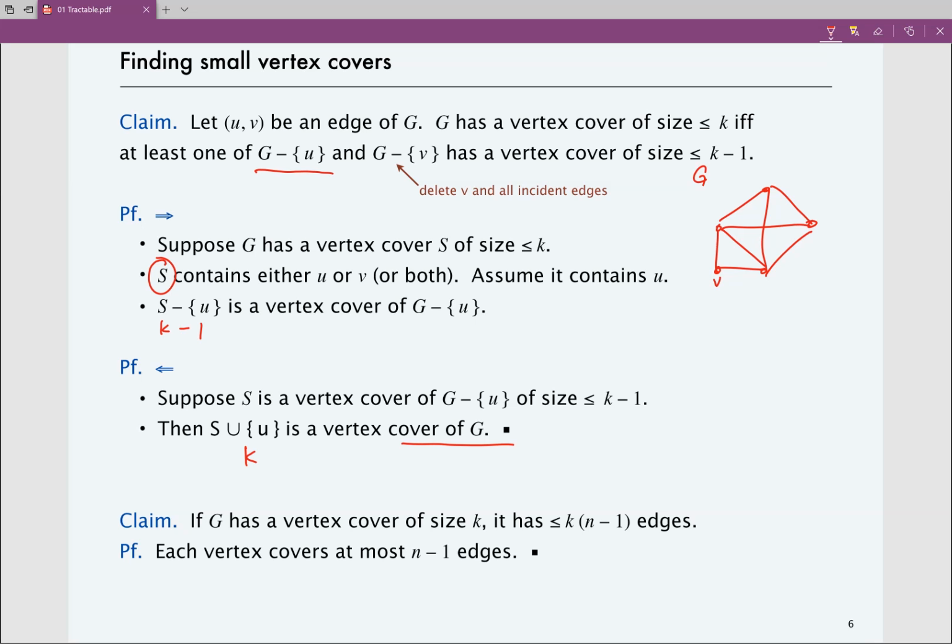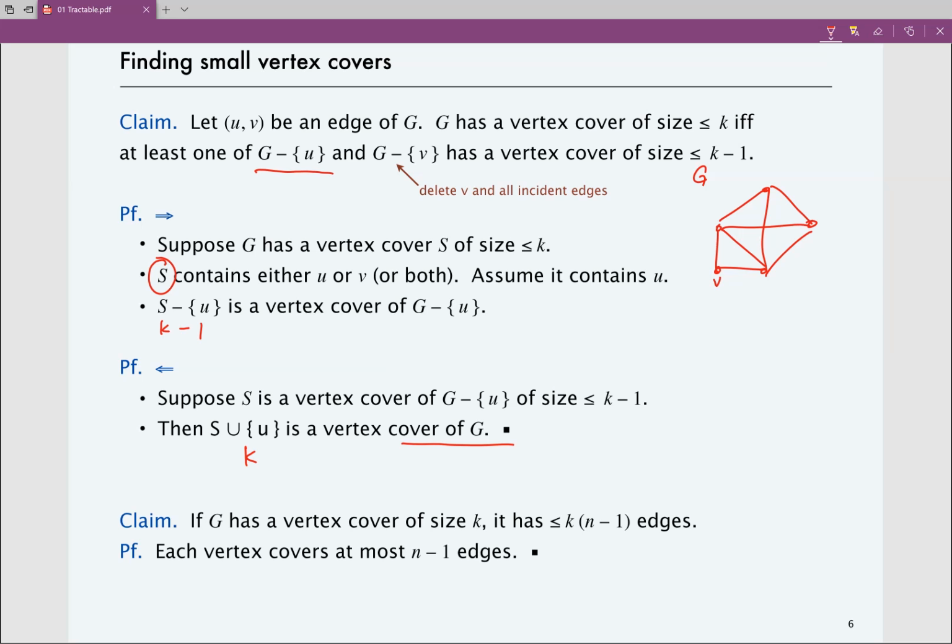All right, so that's one property that we're going to use. The other property is that suppose G actually has a vertex cover of size K. Then the claim is that this graph has at most K times m minus 1 edges. The reason is that since you have a vertex cover of size K, each one of these K nodes has at most m minus 1 edges coming out of it.